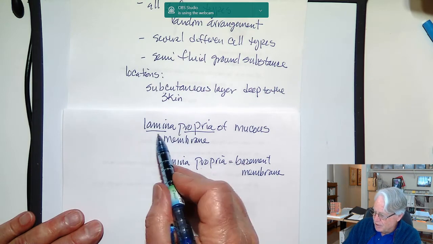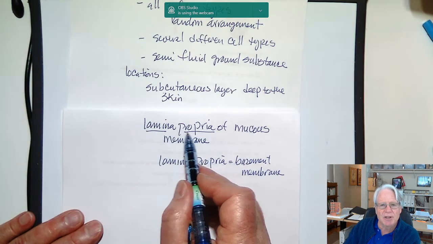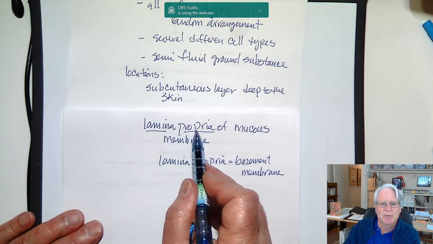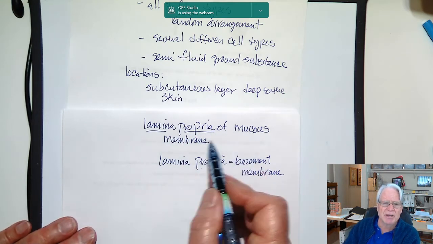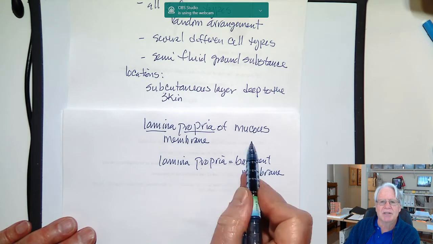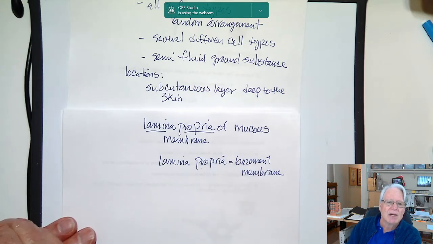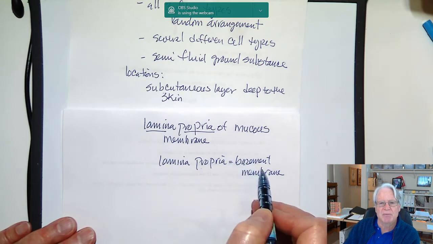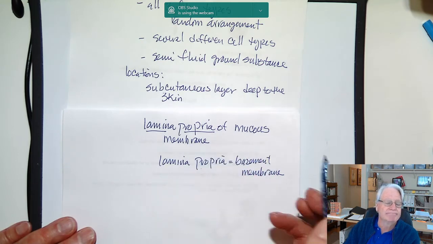And I'll just notice that the textbook introduces this term all of a sudden with, as far as I know, not any explanation. Lamina propria of the mucous membrane is the basement membrane of the mucous membrane. And maybe that's why they introduced it at this point, because they didn't want to say basement membrane of the mucous membrane. I don't know.